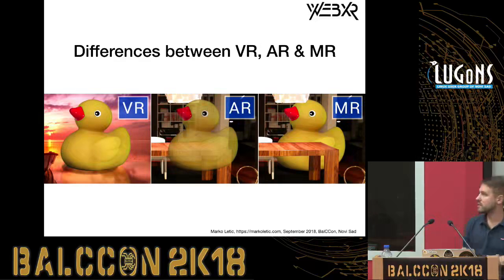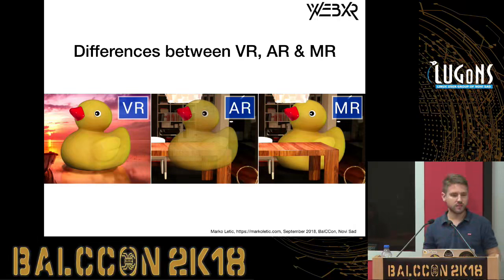We've seen VR, we've seen AR, but what really is mixed reality? This rubber duck shows us exactly what mixed reality is. In VR, we have a scene that's not real, a virtual scene, and we're projecting something onto that virtual scene. In AR, we use our camera, or if we have some advanced hardware, we're using glasses, and we're projecting something into our space.